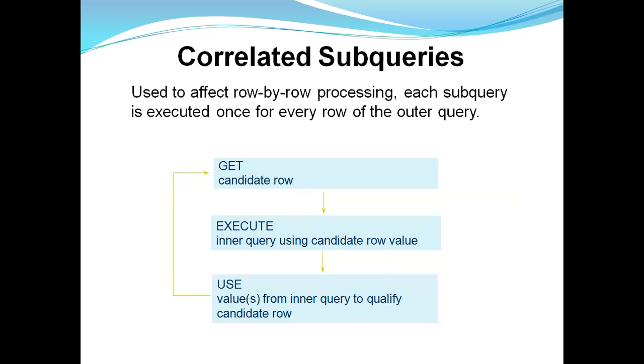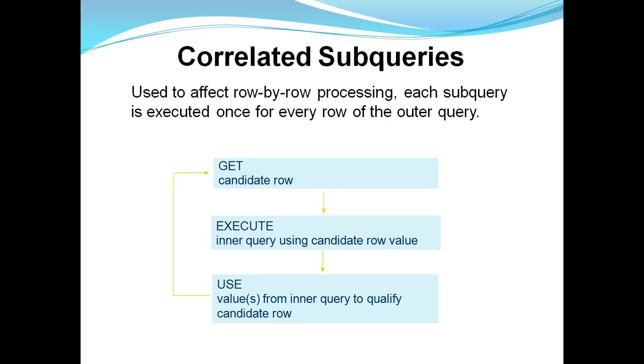What's the meaning of row by row processing? In the last example, we saw that once we got the value 2975, that value is fixed for comparing to all the employees, correct? But we want to compare each row with a different value on a different condition.